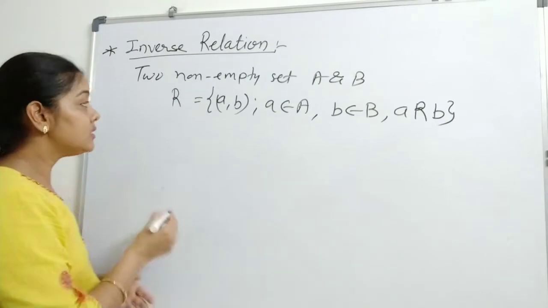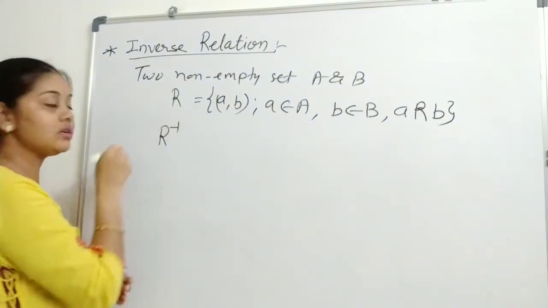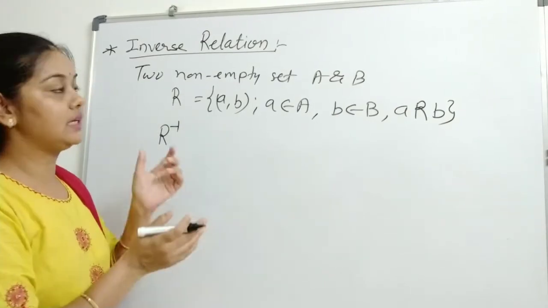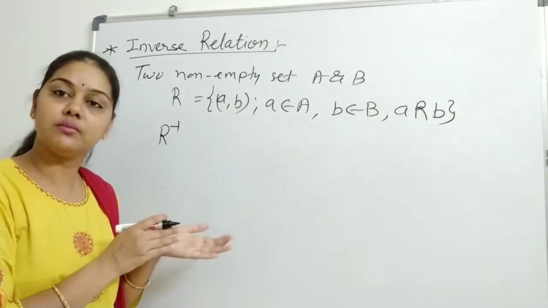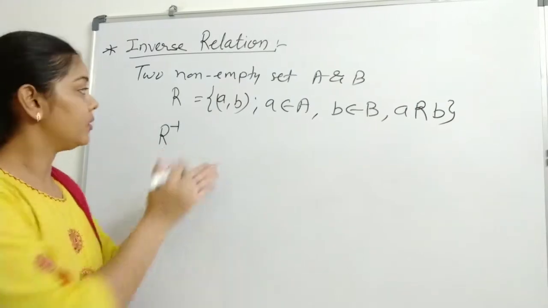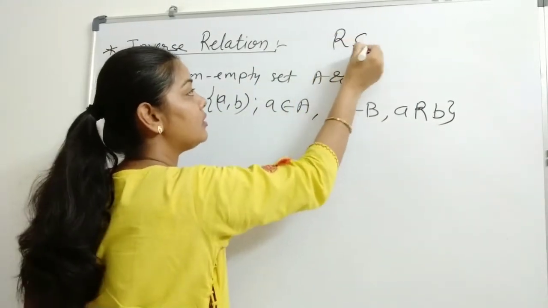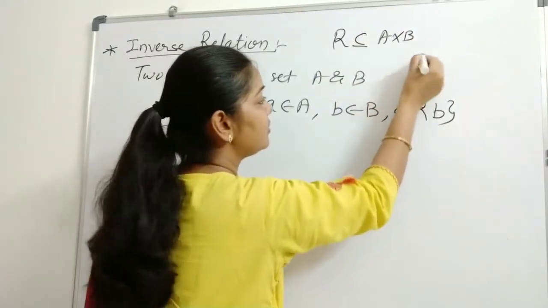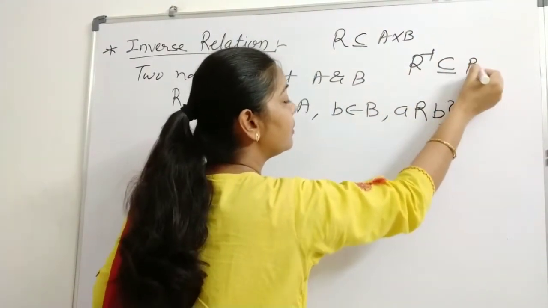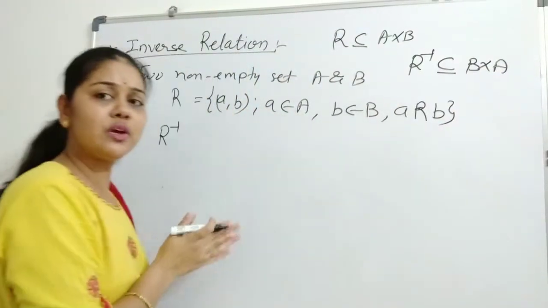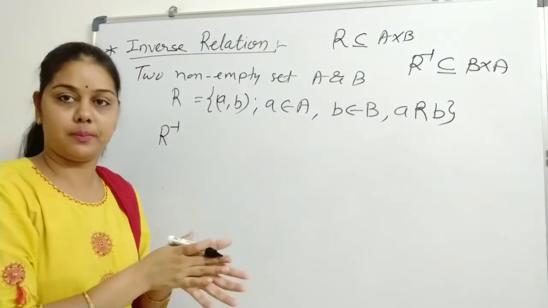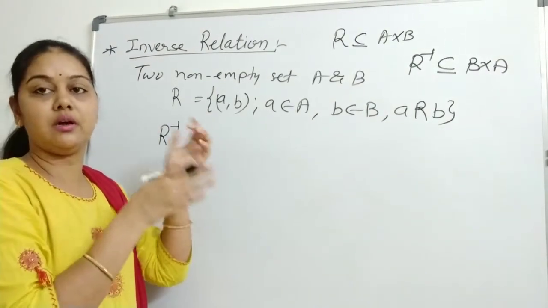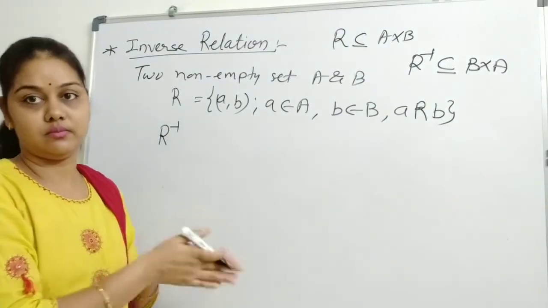Then the inverse relation is nothing but a subset of B cross A. What is R? R is a subset of A cross B. Then R inverse is a subset of B cross A. It means we are just taking the reverse of this ordered pair. The set of reversed ordered pairs is called inverse relation.